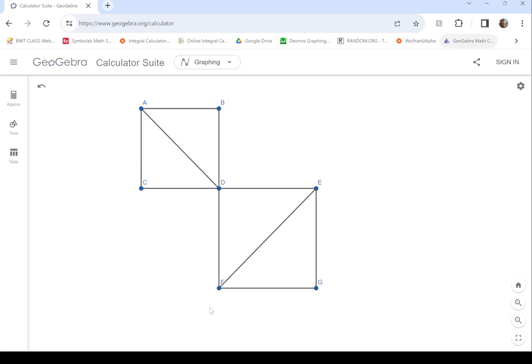All right, now if a straight path is not possible here, then what we do is we take the shortest path to get through both odd ones.